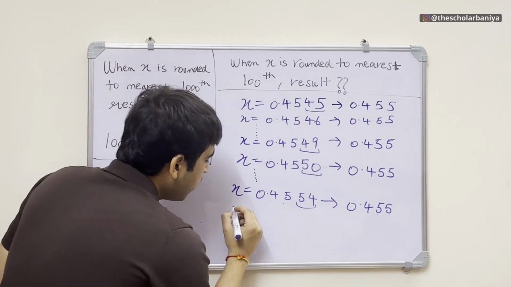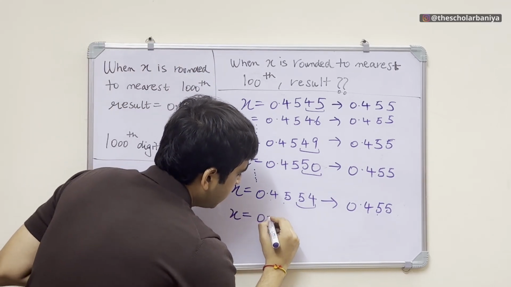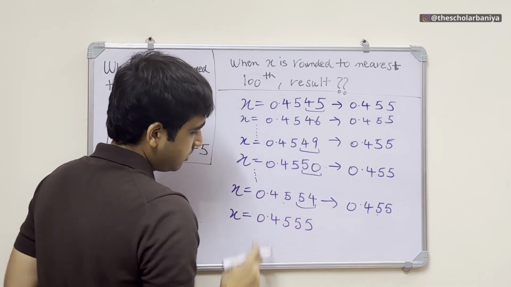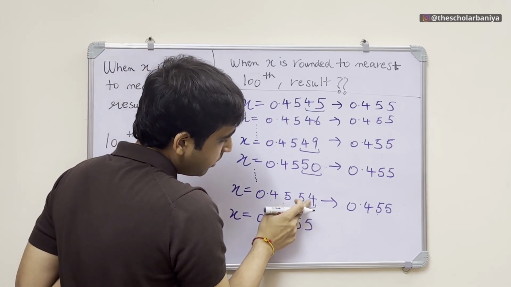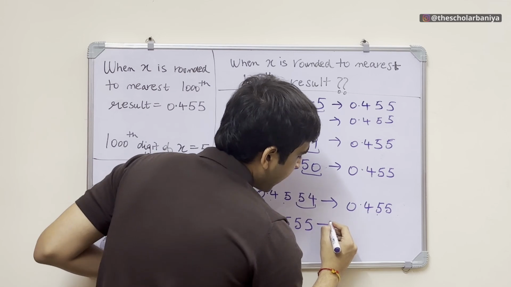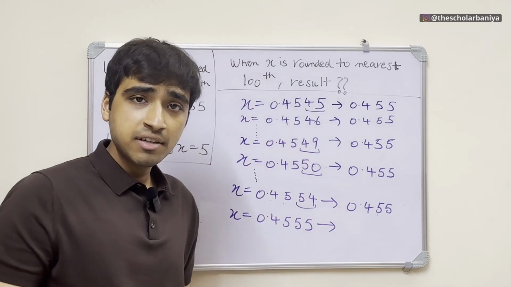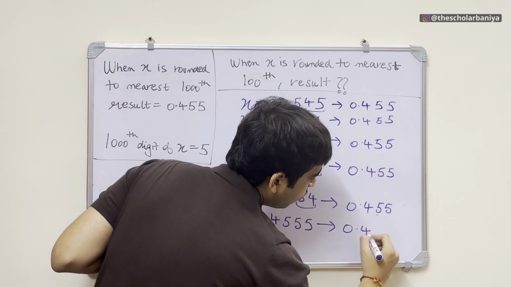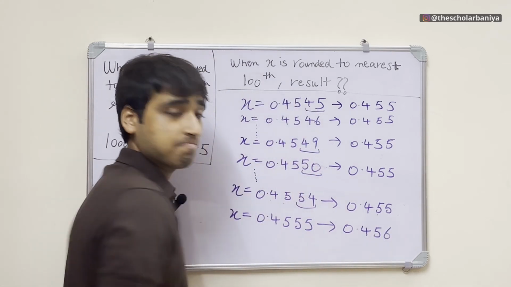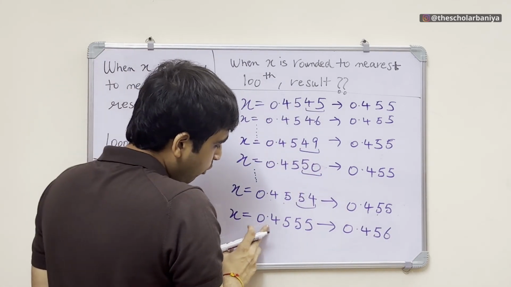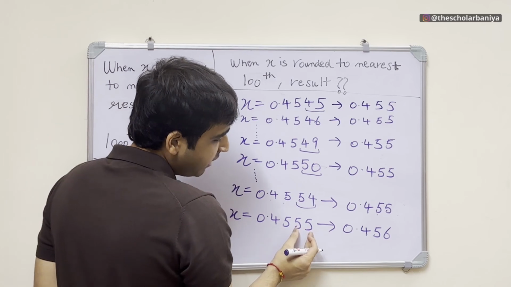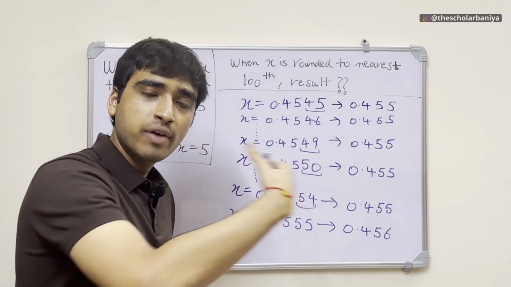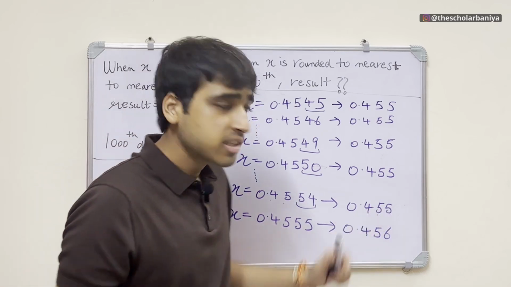But now if I tell you the given number is 0.4555, 0.455, where instead of 4 this is 5, and if we round this off to the nearest thousandth, this will become 0.456. Why? 0.45 and 55 will become 6, because 51, 52, 53, 54 will give us 5.